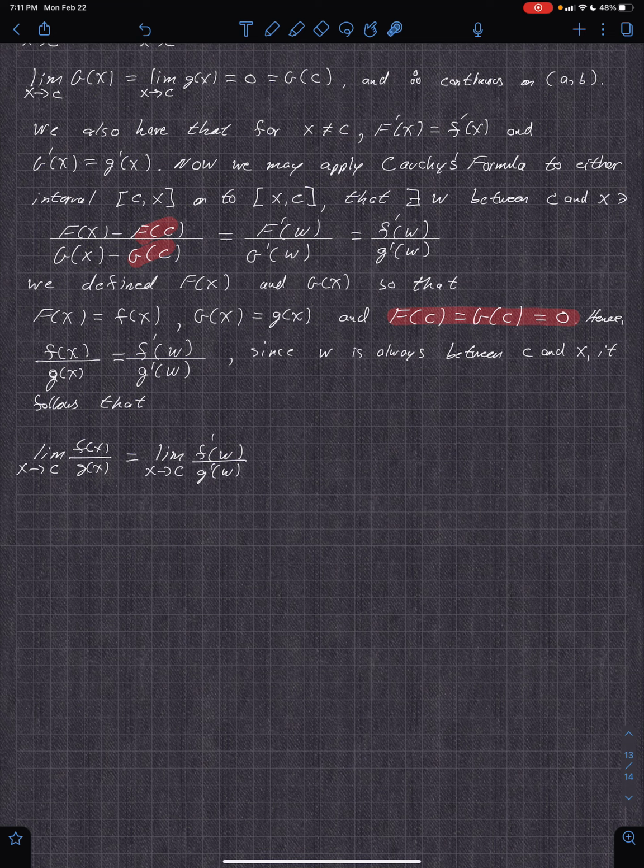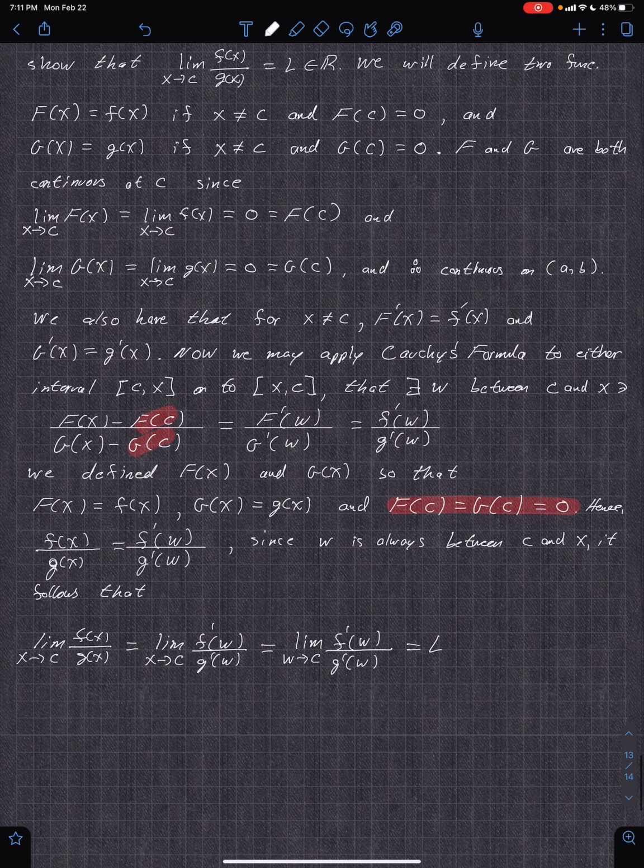That's just because those are equal. But that means this is equal to the limit of f prime of w over g prime of w as w approaches c, because it's always between, so you can approach like that. But by assumption, this limit must equal L.